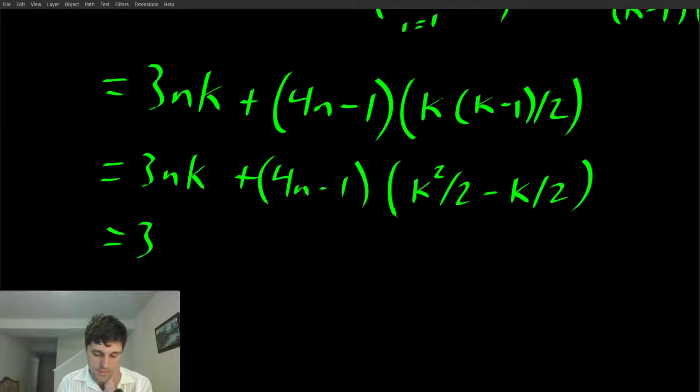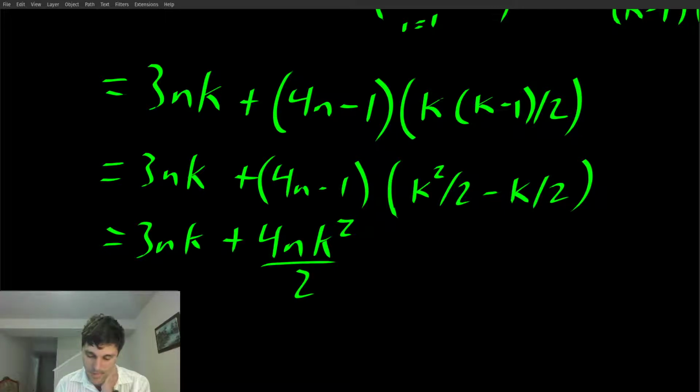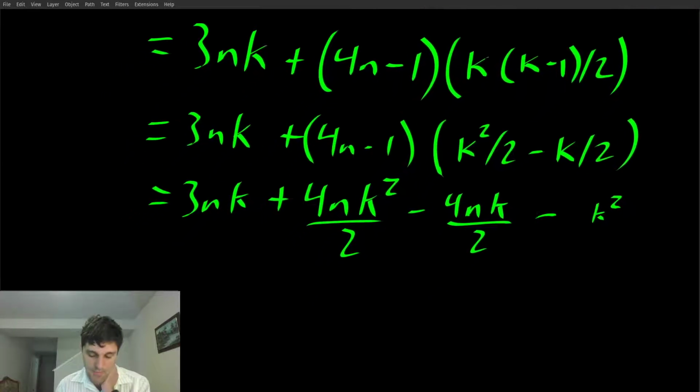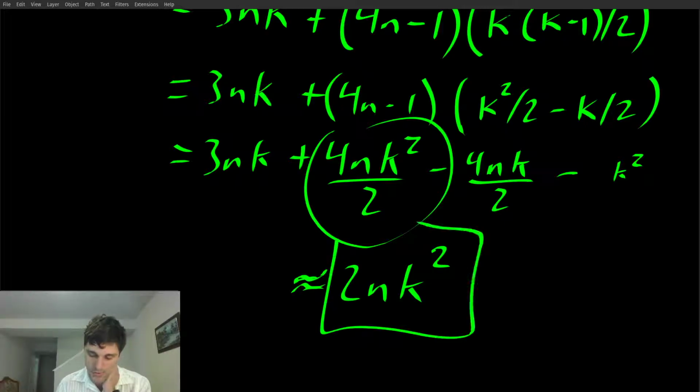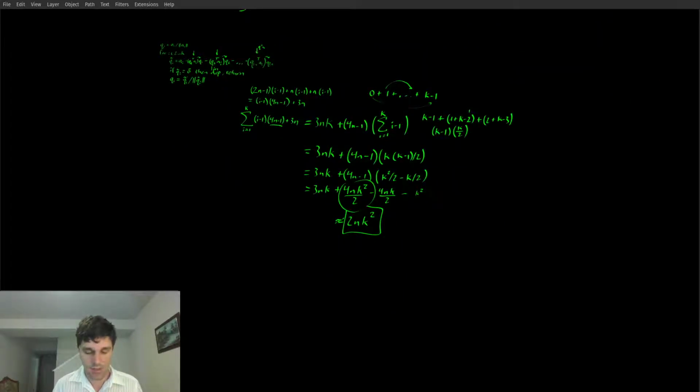Which is 3nk plus, and then when I FOIL this out, I'm going to get 4nk squared over 2 minus 4nk over 2. And then I'm going to have another term that's a minus some k squared term. But the biggest term by far is going to be the 4nk squared over 2, which is 2nk squared, right? And so this thing is approximately equal to, for large enough n and k, 2nk squared.